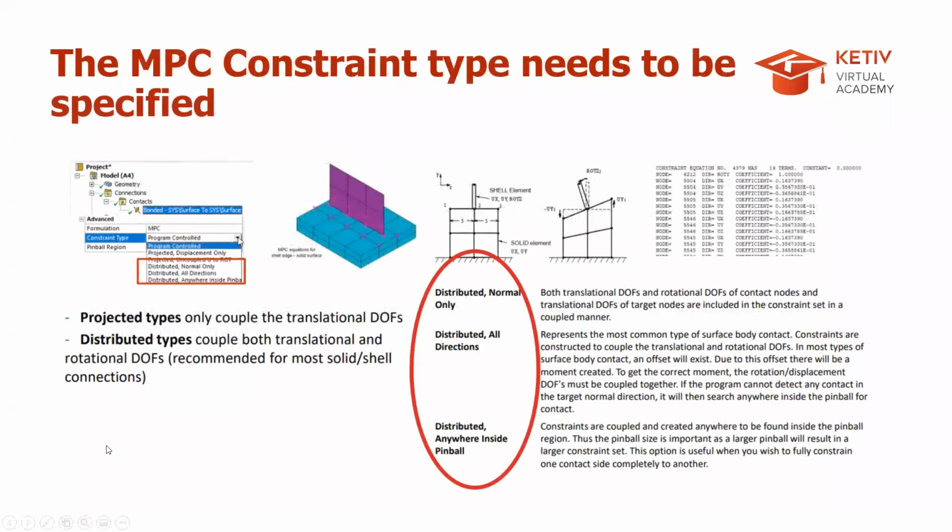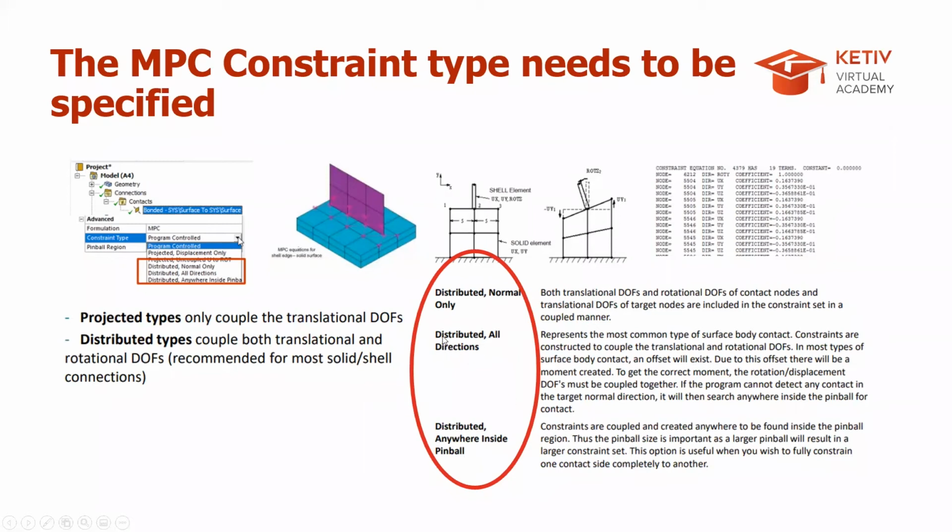So I mentioned the MPC constraint type. The MPC constraint type is underneath the advanced area in the formulation, there's constraint type. Essentially you need to specify a distributed connection, whether it's normal only, or all directions, or anywhere inside pinball. You can go to the help for more on this or refer to the wall of text here, my apologies.